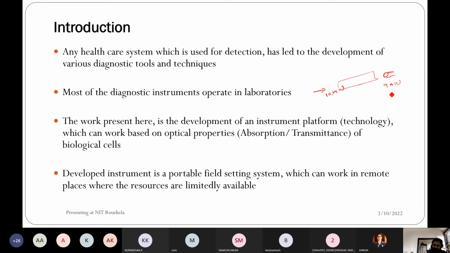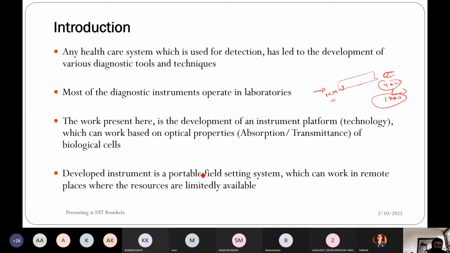If you measure the light arriving at the detector, that is the transmitted light, the transmittance. But if you measure the lost light, that is the 1 milliwatt, with 10 milliwatts at the source point and 9 milliwatts at the detector point, then it is the absorbed information of the light.